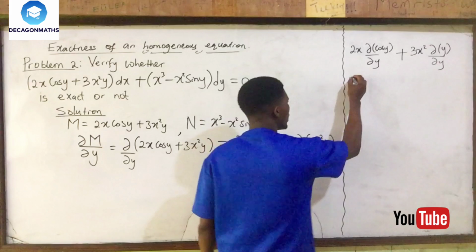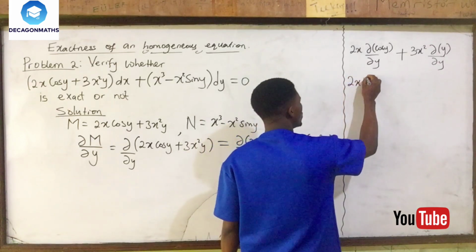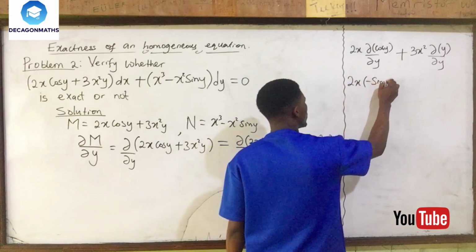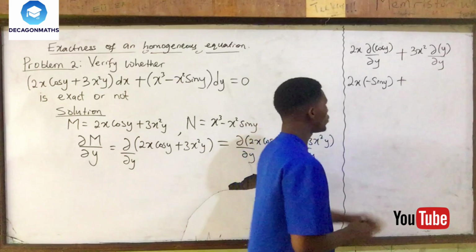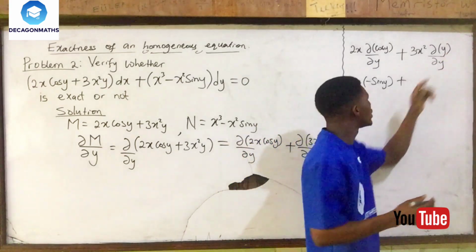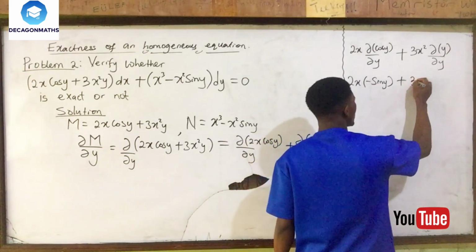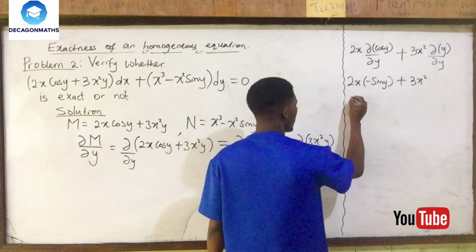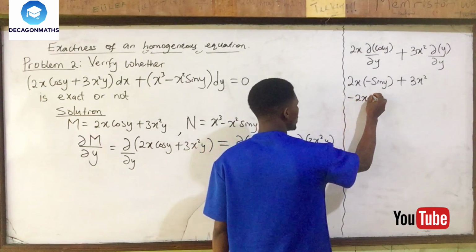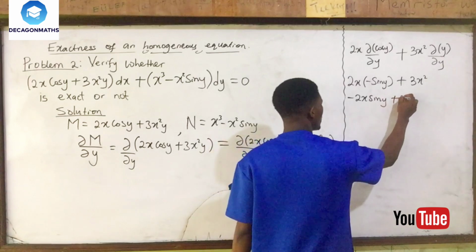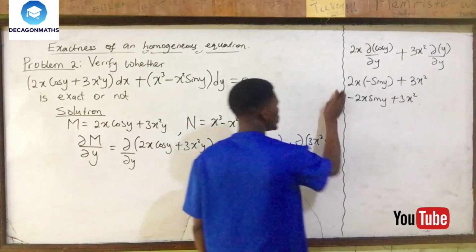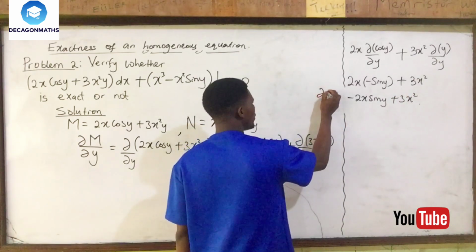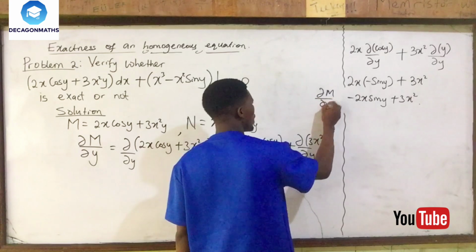That means we have 2x into bracket minus sin y, plus, when we differentiate y, it gives us 1, so we have 3x squared multiplied by 1, which is just 3x squared. This gives minus 2x sin y plus 3x squared. So this is the partial derivative of M with respect to y.